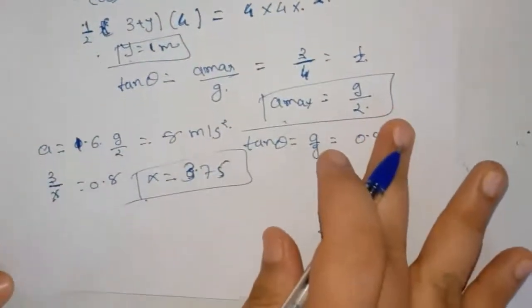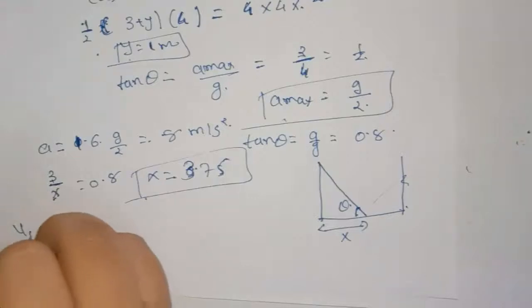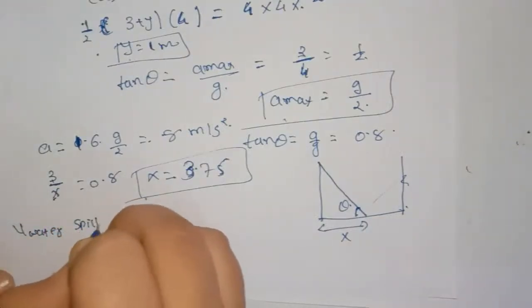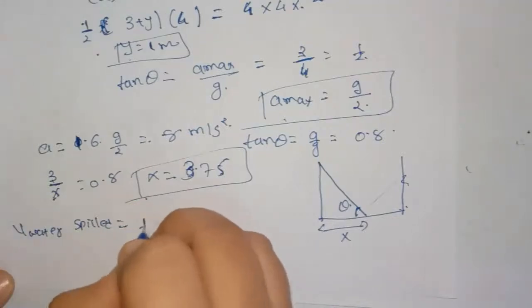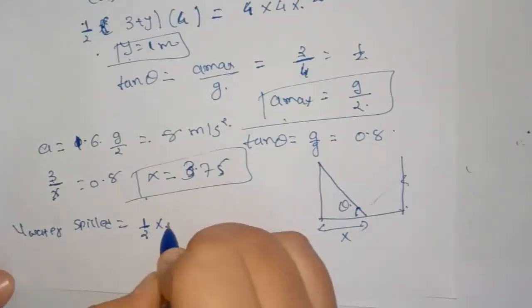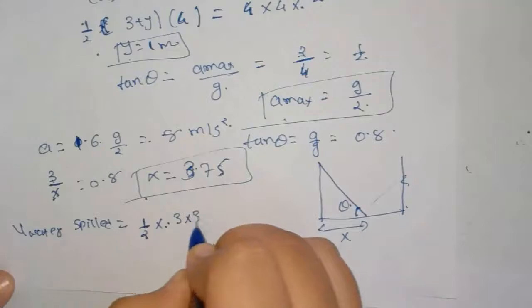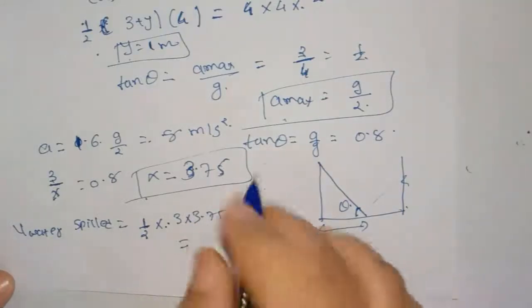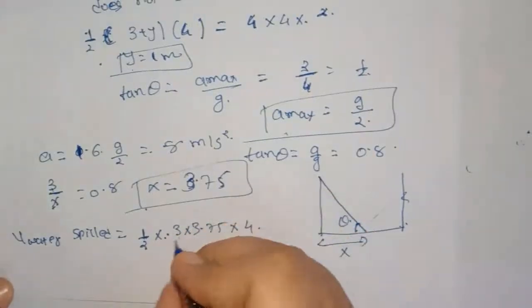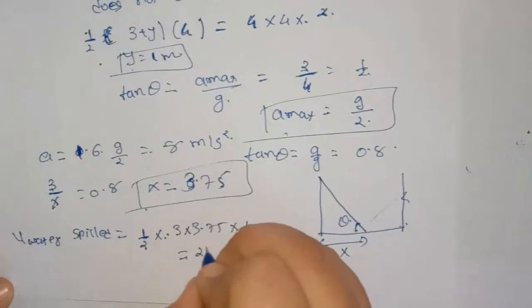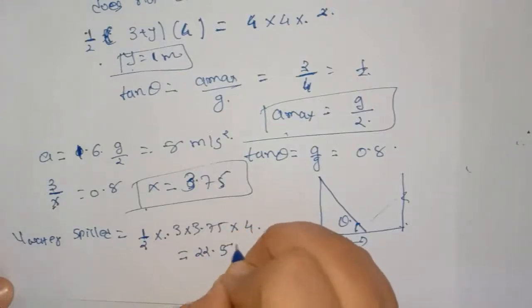So the volume of water remaining is equal to half into base of 3 into 3.75 into 4. So this will give us the answer 22.5 meter cube.